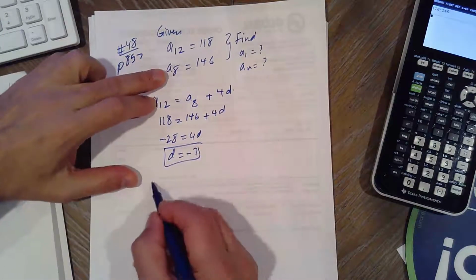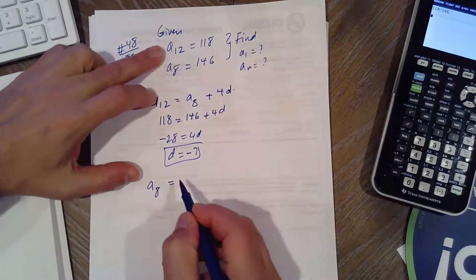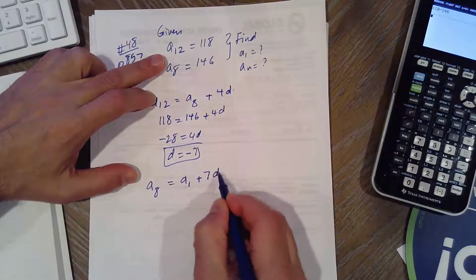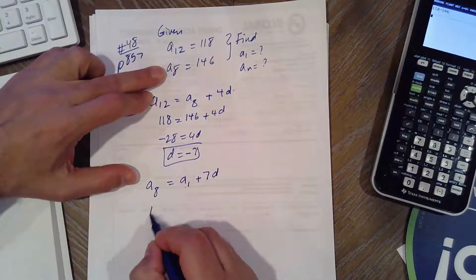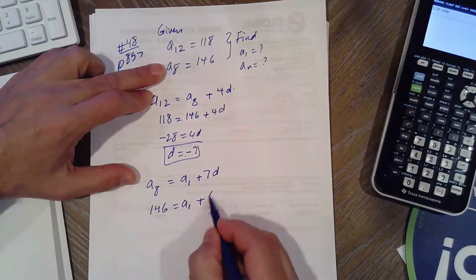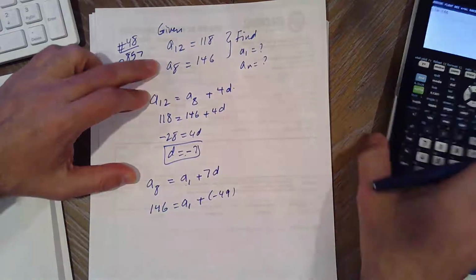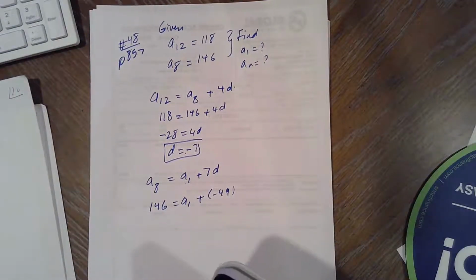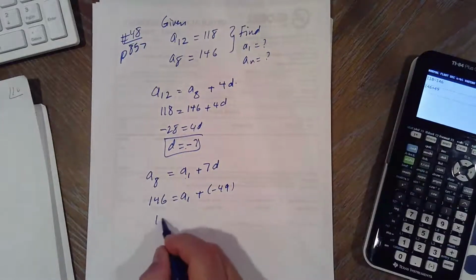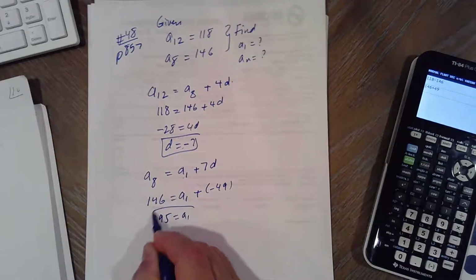To find the first term, we can use A_8 or A_12, it doesn't matter. A_8 is A_1 plus 7d. So 146 is A_1 plus 7 times negative 7, which is negative 49. If we add 49 to 146, we get 195. So A_1 is 195.